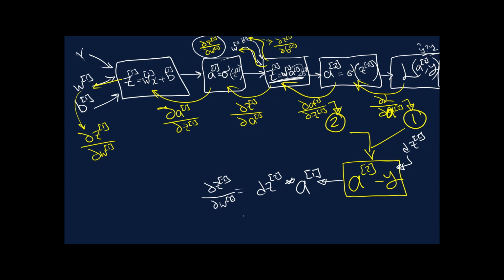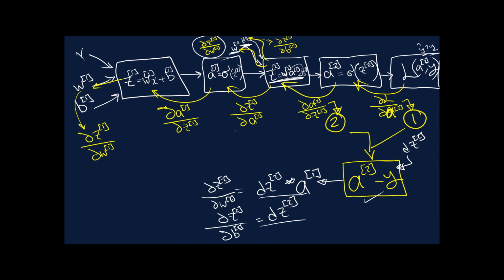So this will be 1, so it will be dz2. Right now we know this quantity, we know this, and we know this. We can calculate the weight update at these parts of the second layer.